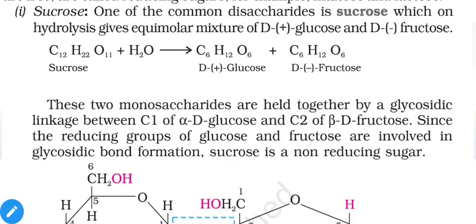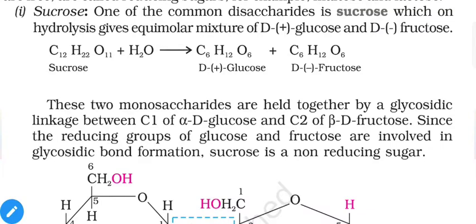So these two monosaccharides are held together by a glycosidic linkage between C1 of alpha-D-glucose and C2 of beta-D-fructose. Now we know that the reactive group of glucose is present on the first carbon, that means the aldehyde group, and the reactive group of the second molecule, fructose, is present on the second carbon, which is a ketonic group.